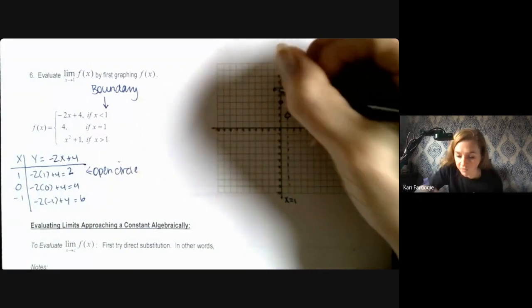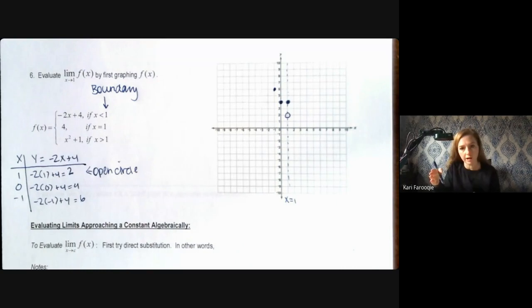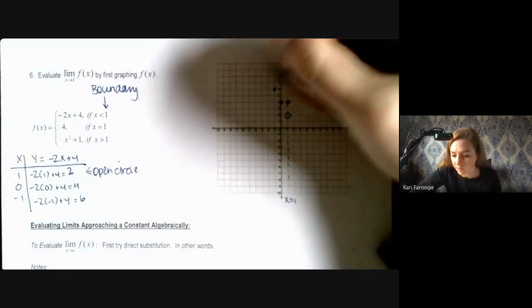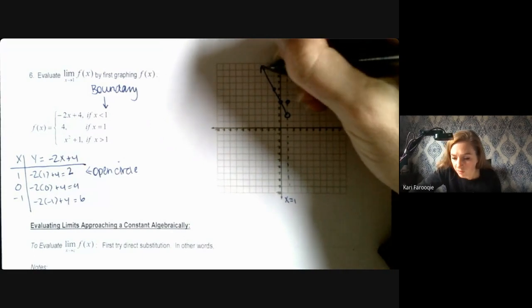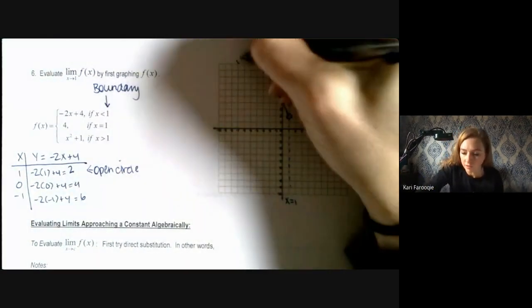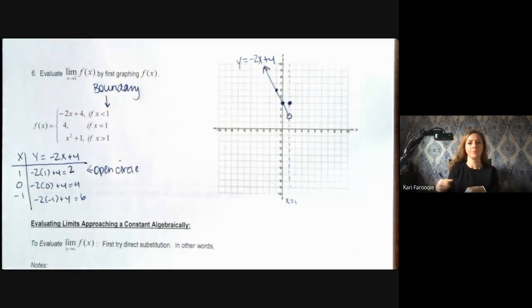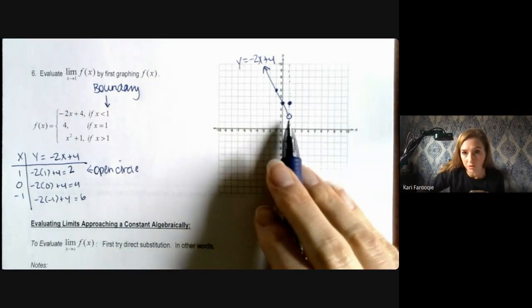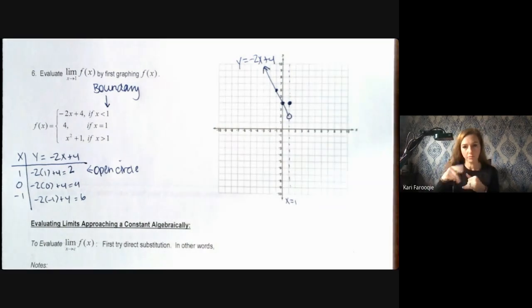And we know that the slope of this line is negative 2, so we're going down to the right 1 for this slope. And you can just connect these with a nice straight line. And this is y equals negative 2x plus 4. And notice that if we hadn't graphed this open circle, we'd have a big gap here. That's why I just like to graph it, but make sure it's open wherever that boundary is.